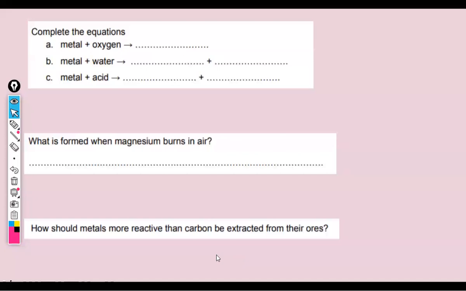Metal plus oxygen, what will we get? I gave you that answer in your notes. A metal plus oxygen will get you what?